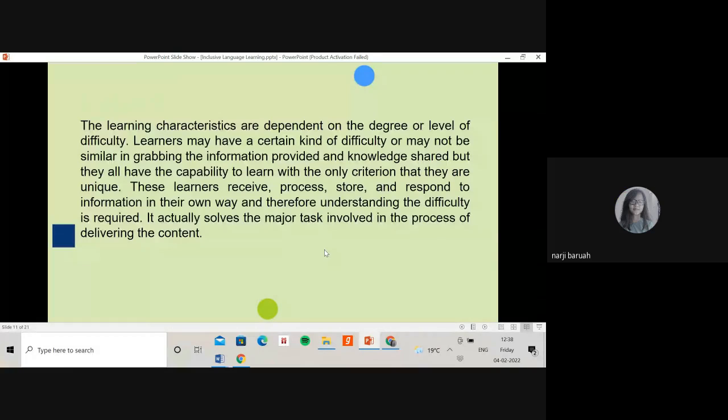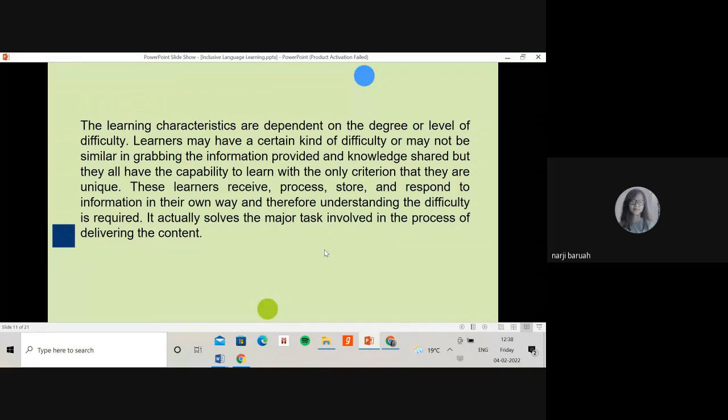Learners may have a certain kind of difficulty or may not be similar in grabbing the information that is provided in the class. As teachers, what we need to know is that these learners receive, process, store, and respond to information in their own way.